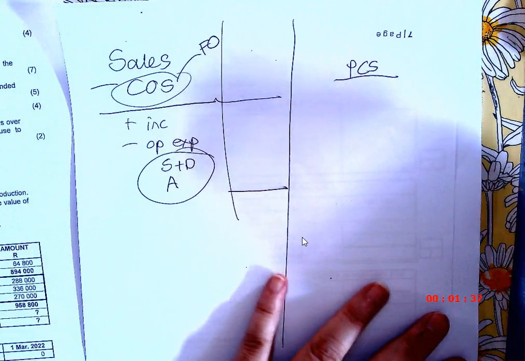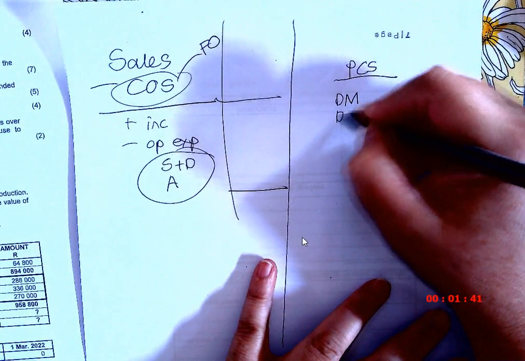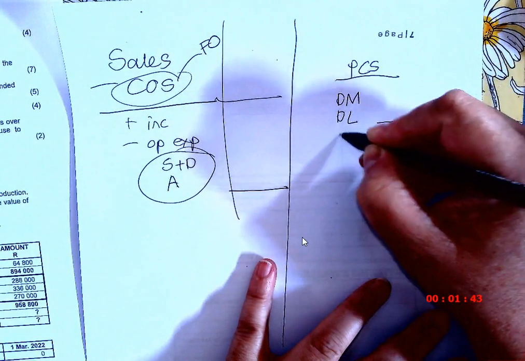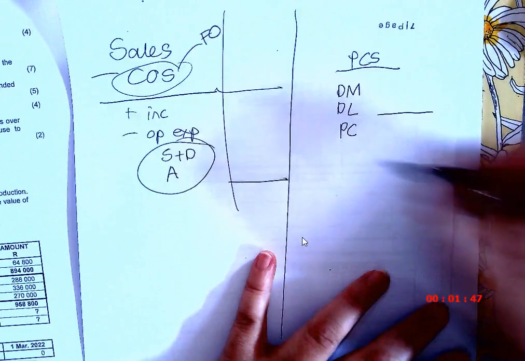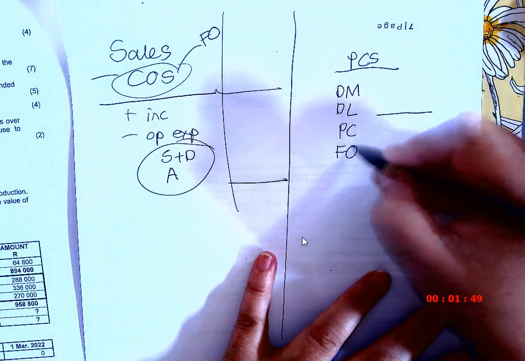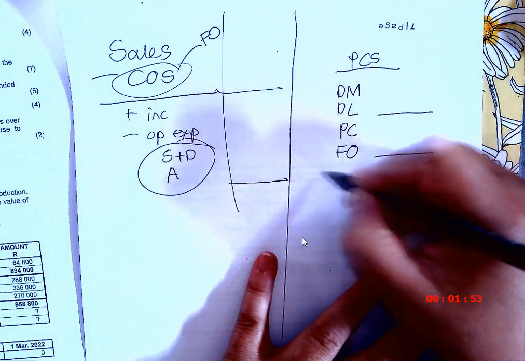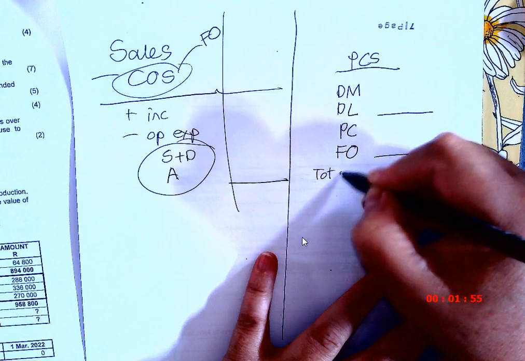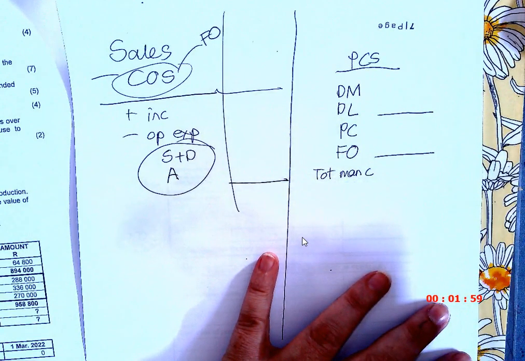Firstly, I need direct material and direct labor. That gives me prime cost. Now I add factory overheads, because now I have my total manufacturing cost. Right.